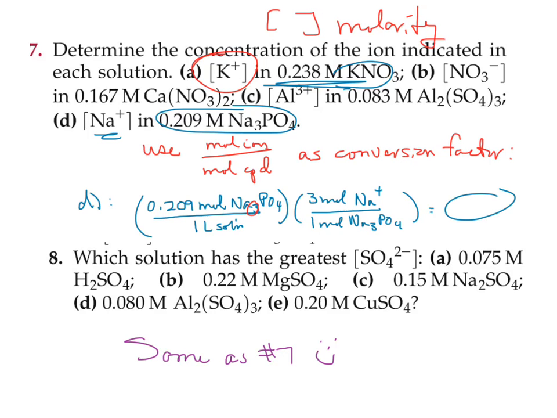So I went ahead and did D. In the formula for this salt, notice that you have 3 Na for every formula unit. So that's what I wrote down here, 3 moles of Na for every 1 mole of the salt. Okay, so that's how you would do that. All right, thanks, that's it. Those aren't so bad.